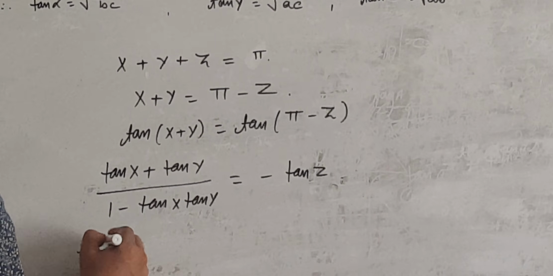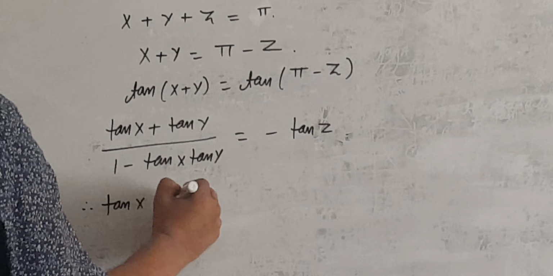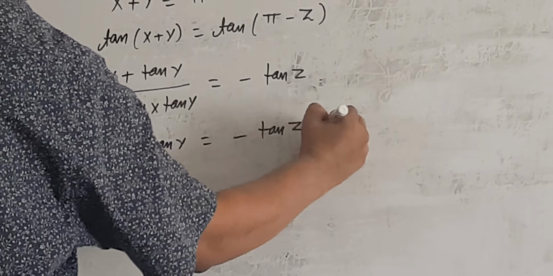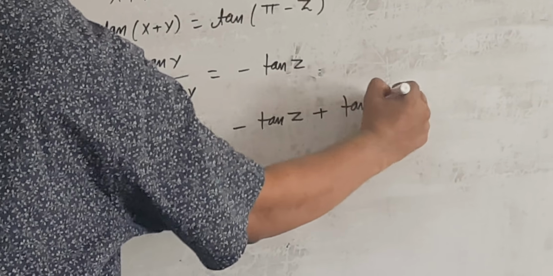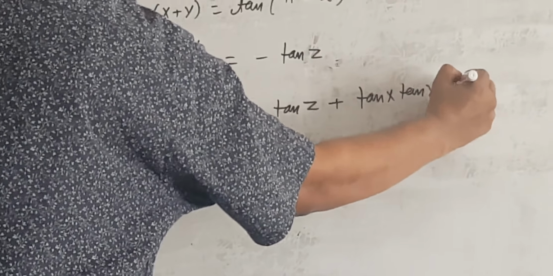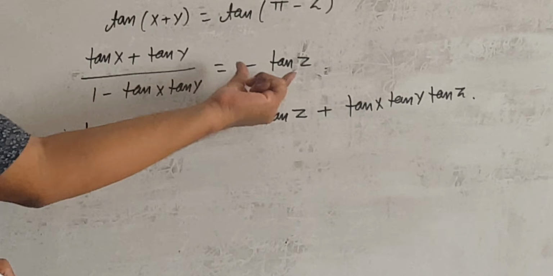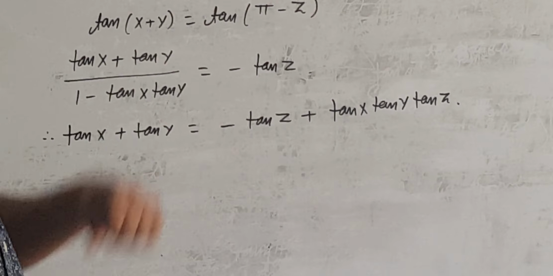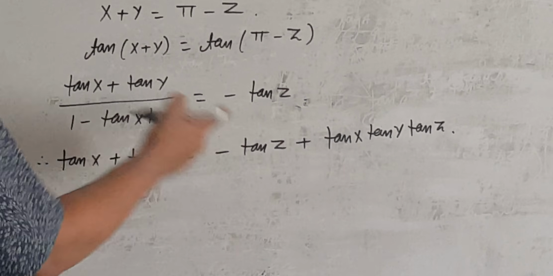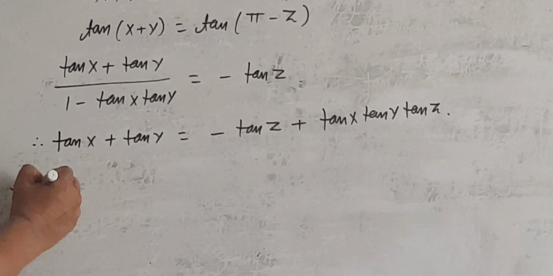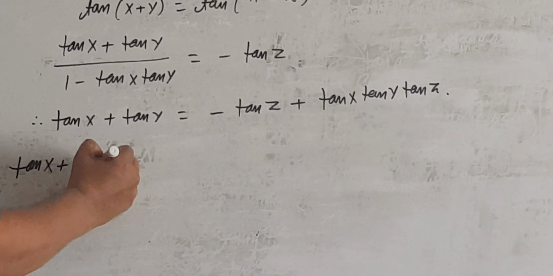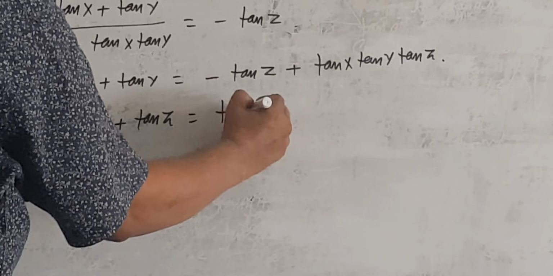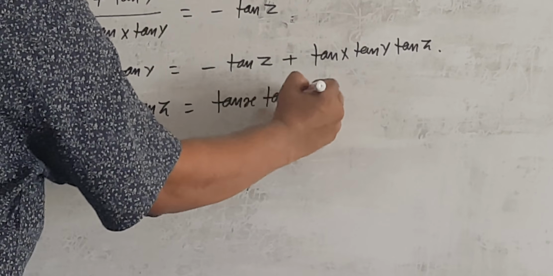Therefore tan x plus tan y is equal to minus tan z plus tan x tan y tan z. I hope you are clear. This minus tan z, we take this side. So tan x plus tan y plus tan z is equal to tan x tan y tan z.